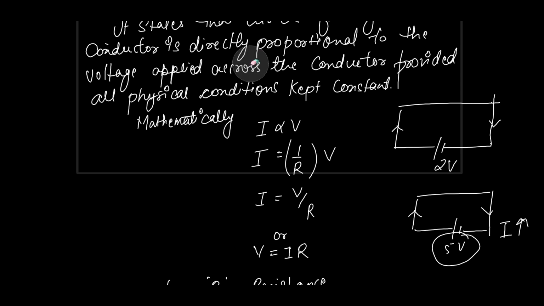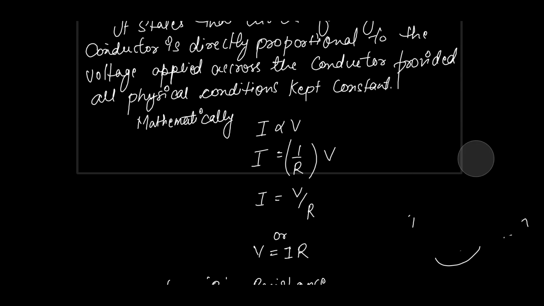Then if we have to write a mathematical equation, we can say that the current I is proportional to V. And we also know that whenever we remove the proportionality sign, we have to use a constant, and in this case 1 by R is our constant.